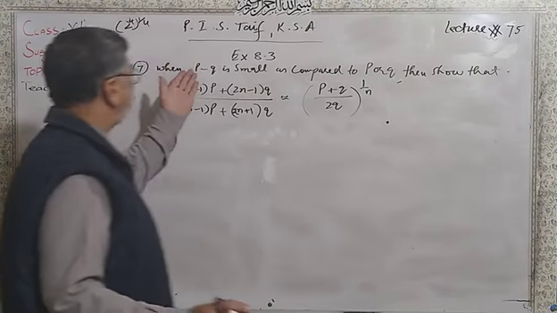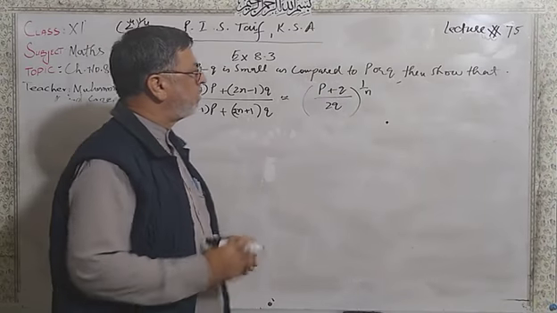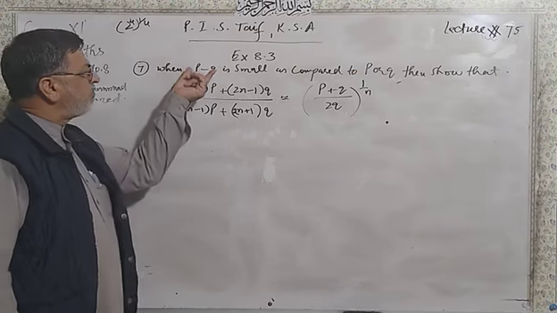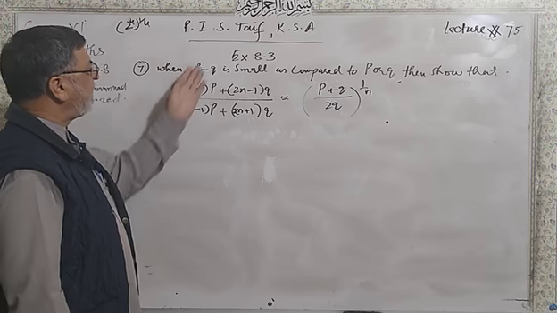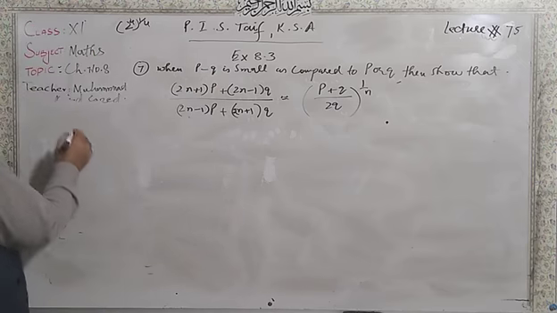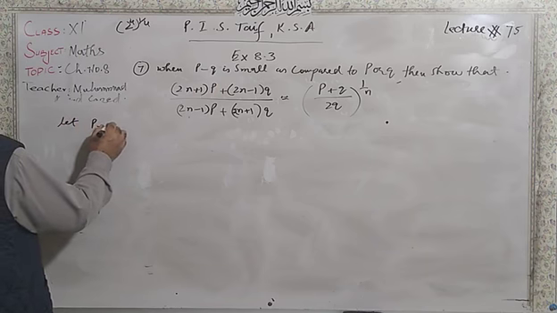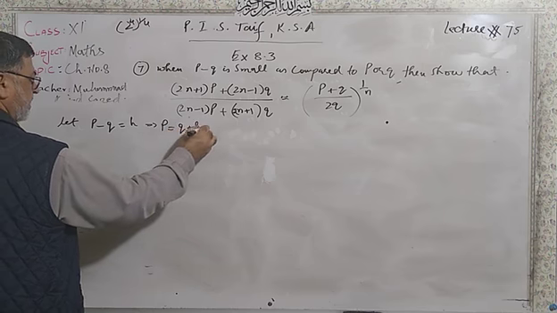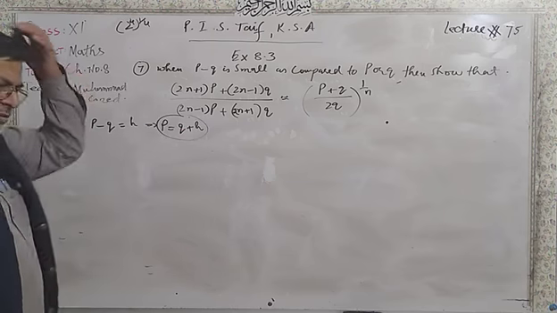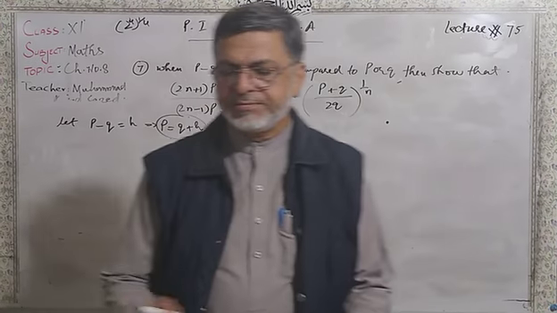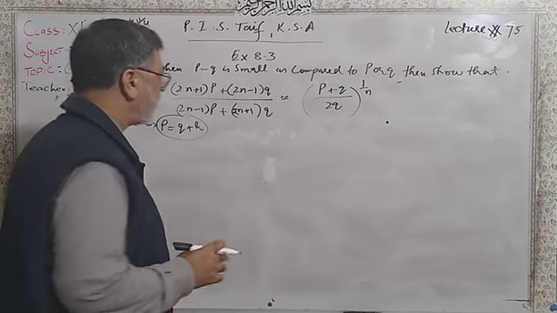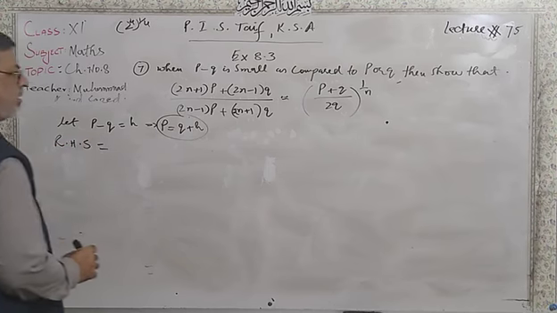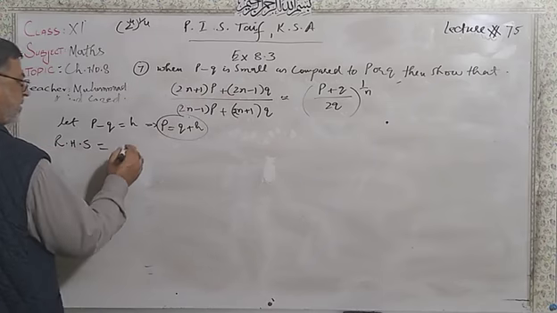If P minus Q is small as compared to P and Q, then it means that the difference of P minus Q is very small. Let P minus Q be equal to H, or P is equal to Q plus H. I am taking the right hand side first so that you can have the idea what must be your left hand side.